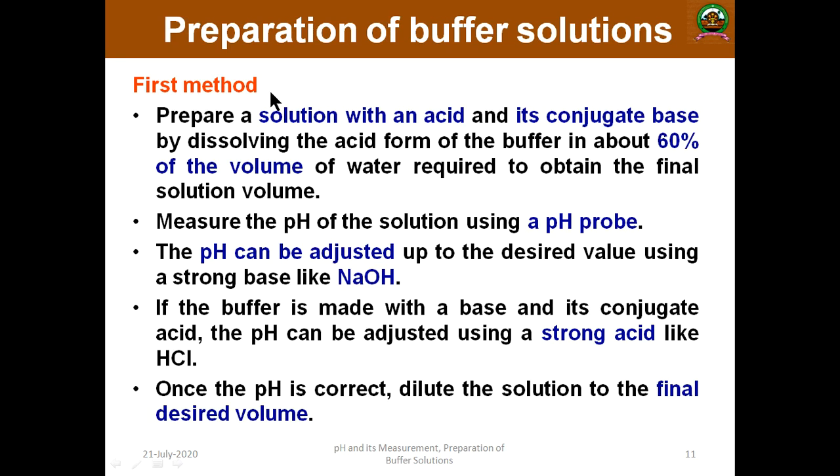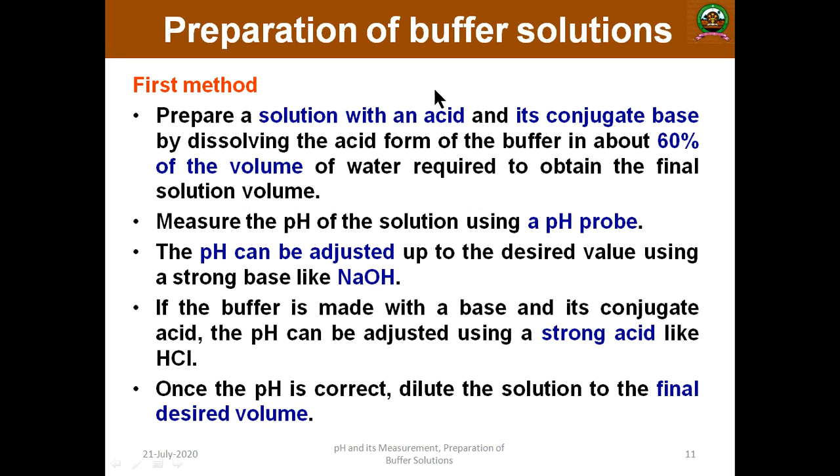There are three important methods we can use to prepare a buffer solution for pH measurement. The first one: prepare a solution with an acid and its conjugate base. I told you a buffer is nothing but a mixture of an acid and a conjugate base. Dissolve the buffer components in approximately 60% of the volume of water required to obtain the final solution volume.